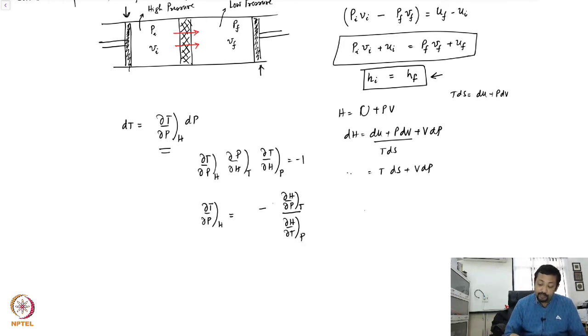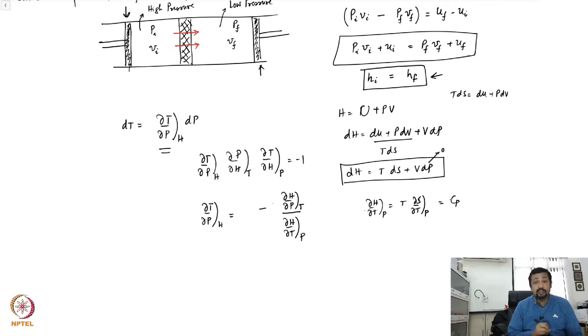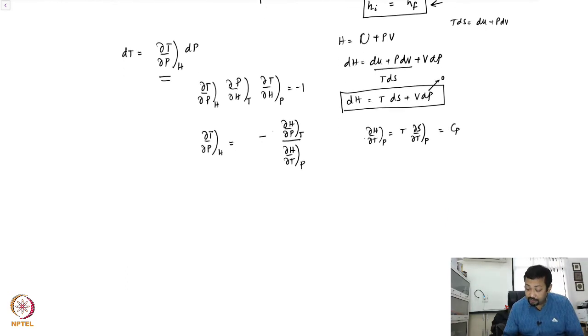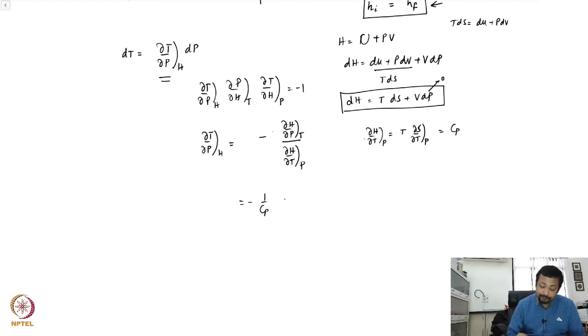If I look at this expression for dH, pressure held constant means dP is 0, and you see del H del T, pressure held constant, is T del S del T, pressure held constant, and this you immediately know is the specific heat at constant pressure. So I write this as minus 1 over Cp times del H del P, temperature held constant.